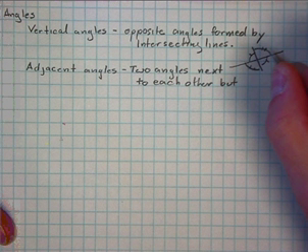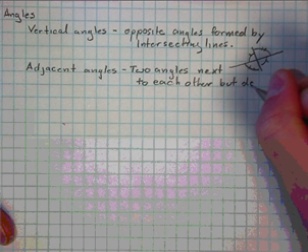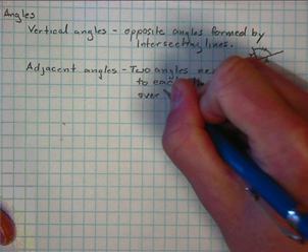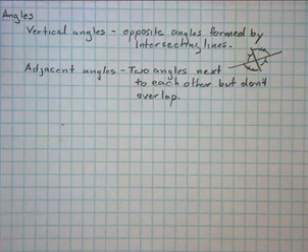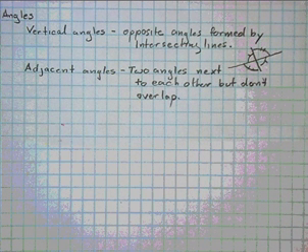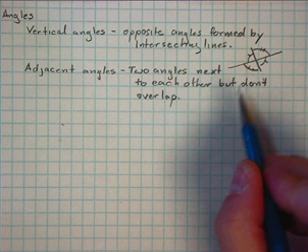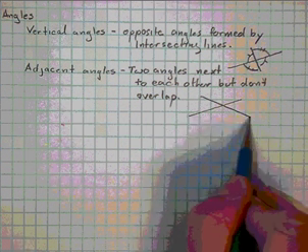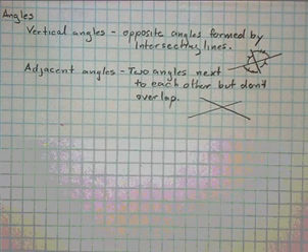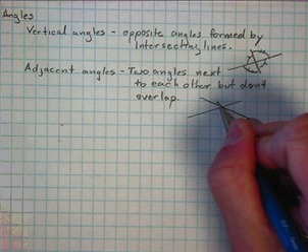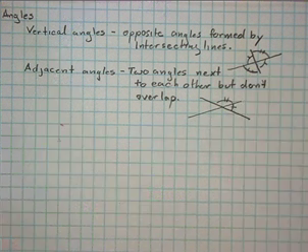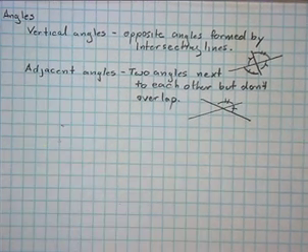Adjacent angles are next to each other, but they don't overlap. We're not going to see any today that overlap, but we will later this week. So adjacent angles are angles that are next to each other. So this angle right here and this angle right here, they are next to each other. They are adjacent.